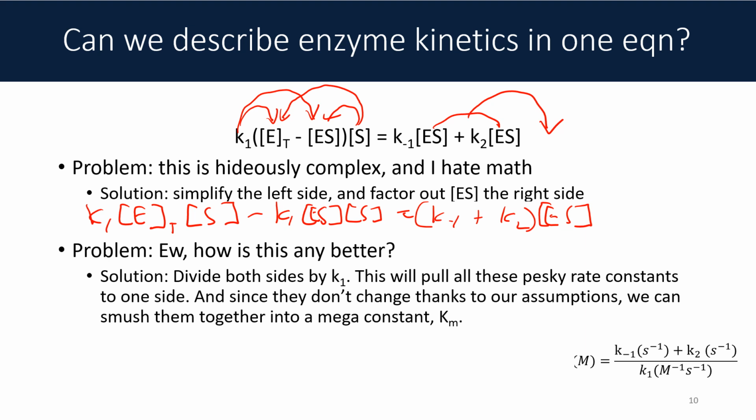And I know what you're thinking. Ew, how is that any better? Well, a theme with derivations is that sometimes you got to take a step back to make two steps forward. And this is how you do that.